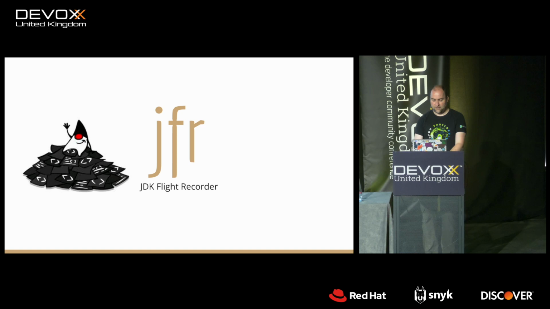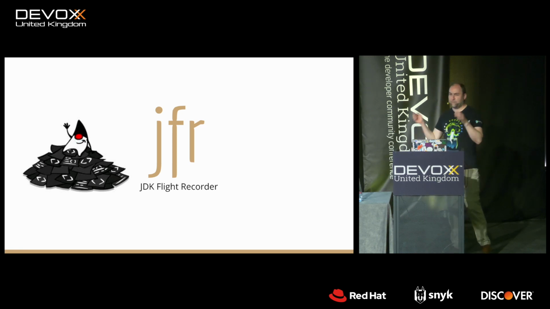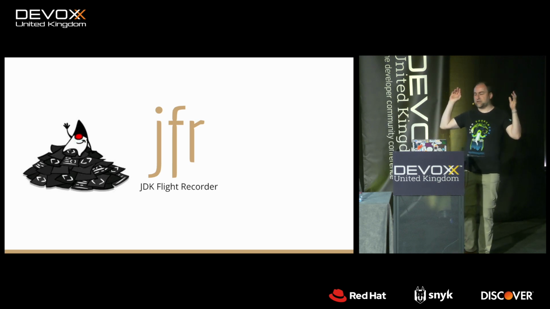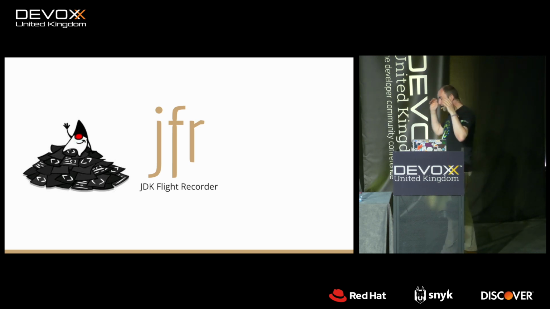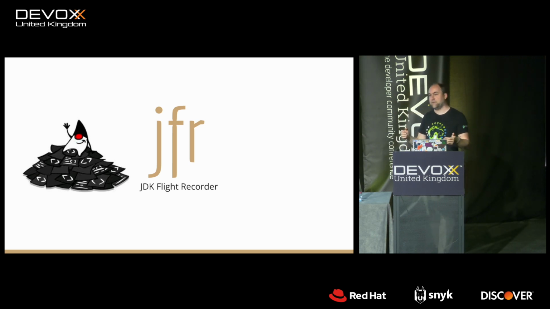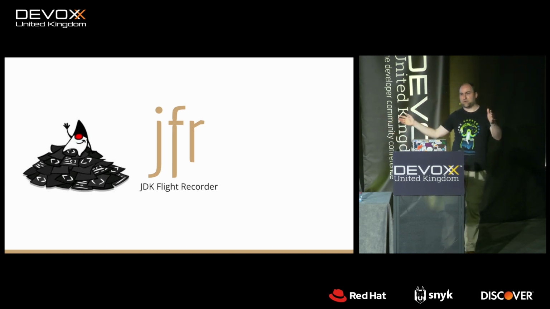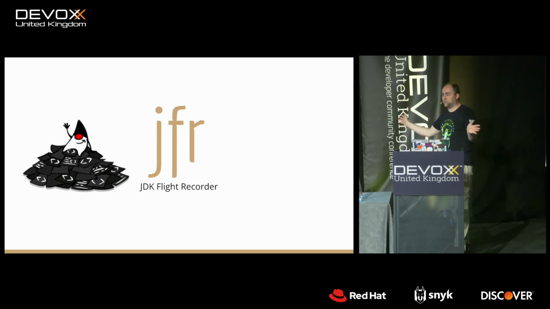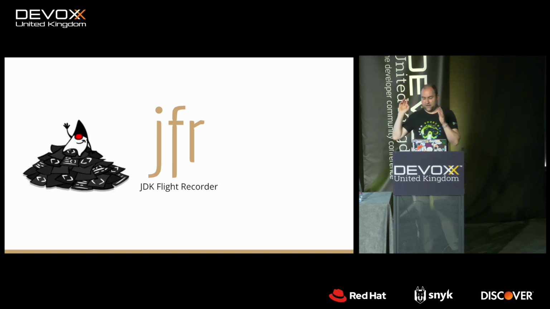I won't go too deep into Java Flight Recorder or JDK Flight Recorder, but it's a super powerful monitoring and profiling tool that you can use, which actually has low impact on the JVM, and it records JVM events. There's much more detail on that. Gunnar Morling has written amazing blog posts on JFR, so if you want to know more, check out Gunnar's blog.